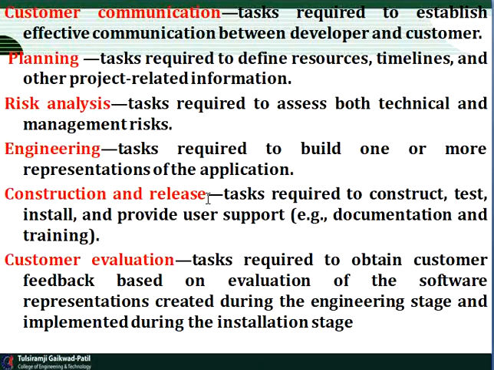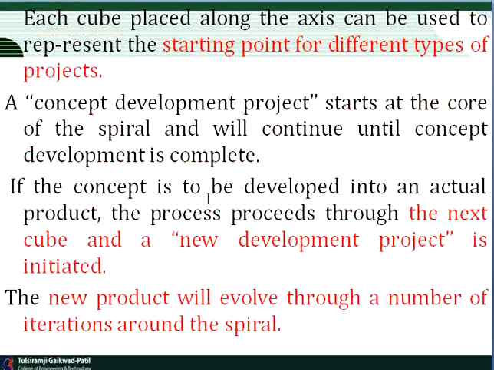So we are discussing what the spiral model does, or what the concept of the spiral model is. The concept development project starts at the core of the spiral and continues until concept development is complete. After that, the concept is developed into an actual product, that is, the modeling is turned into the actual product. The process proceeds through the next cube and a new development project is initiated.